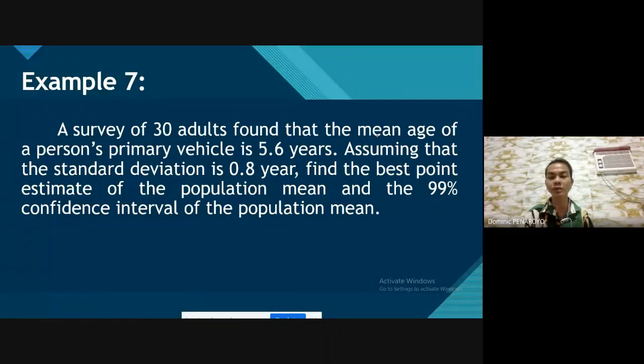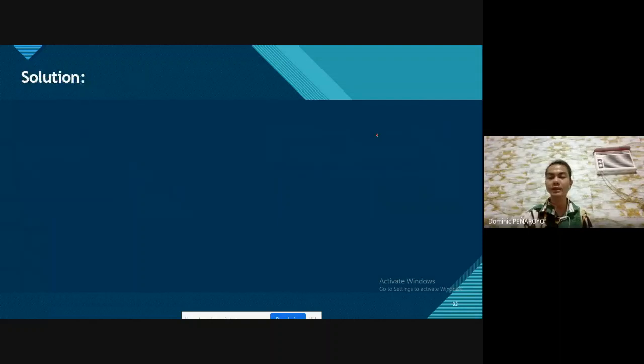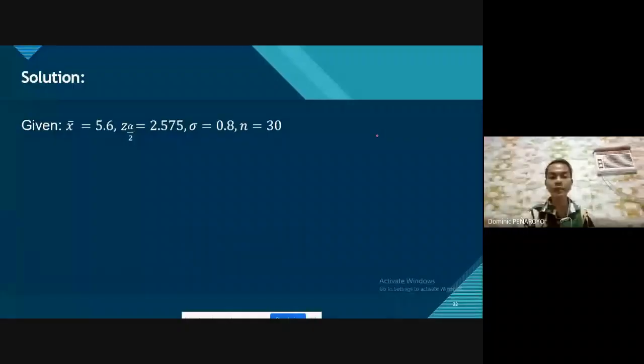First, we need to know the Z alpha over 2 for the 99% confidence level. And that is 2.575. Therefore, we will have the following given. For the sample mean, we have 5.6.